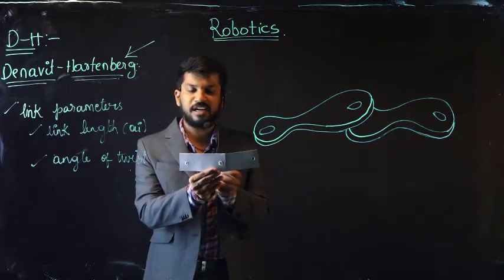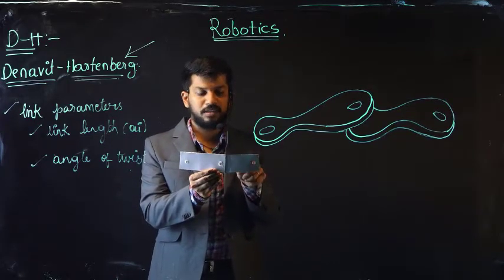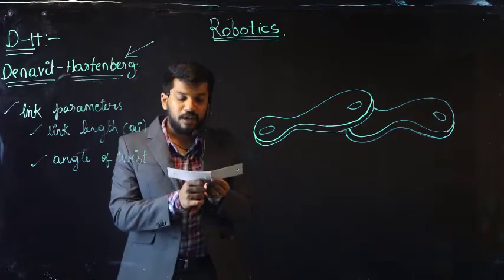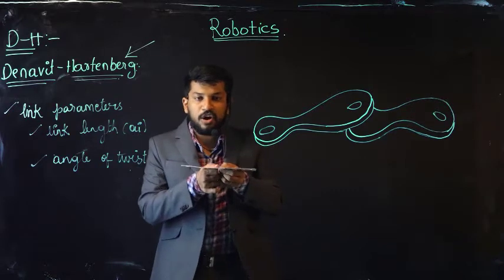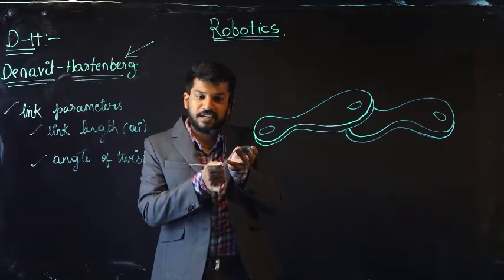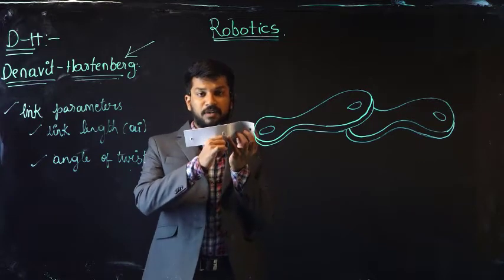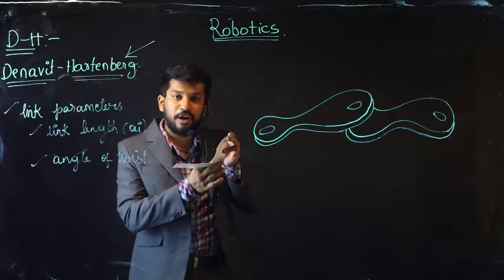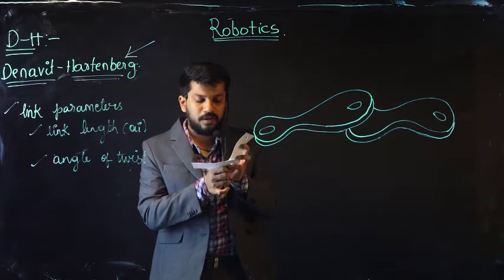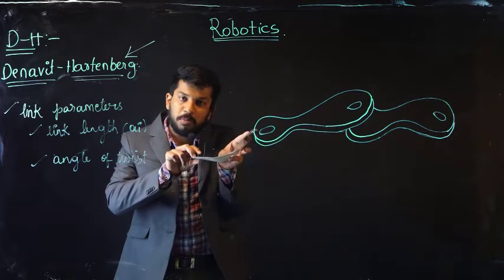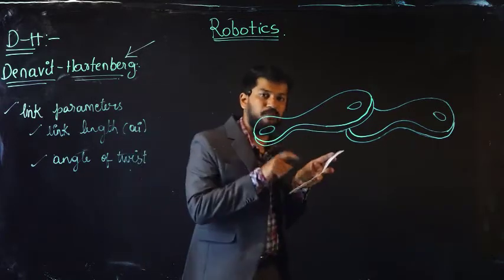I can easily calculate along the x-axis 5, or 12, 0, 0, 12, if my links were placed somewhere here. But when my links have a certain offset and also a certain twist, calculating my end effector position with reference to my base frame becomes very tough.